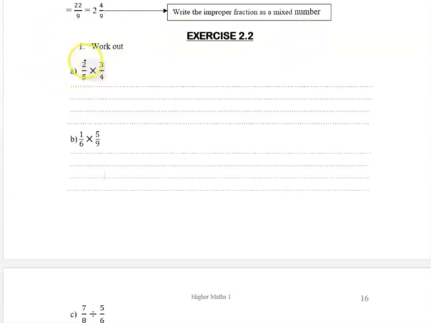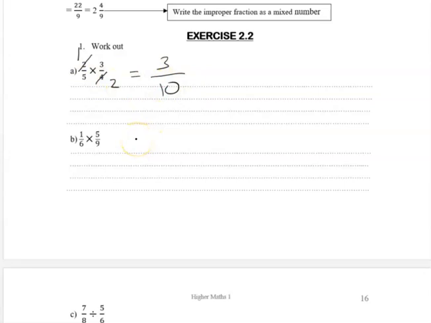So in this case, we can divide 2 and 4 both by 2. So this becomes a 1 and this becomes a 2. Now I can't simplify any further, so we're just going to multiply the numerators together. 1 times 3 is going to give me 3. Now you multiply the denominators by doing 5 times 2, which is 10.